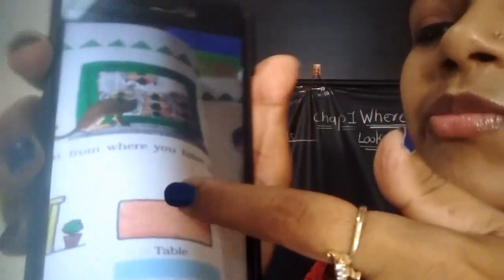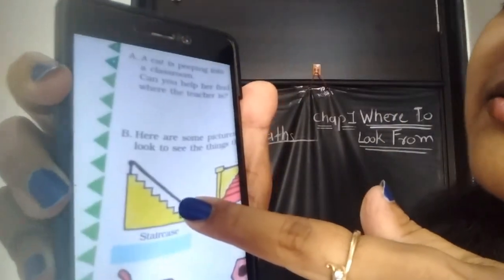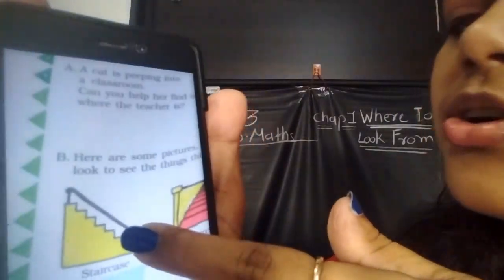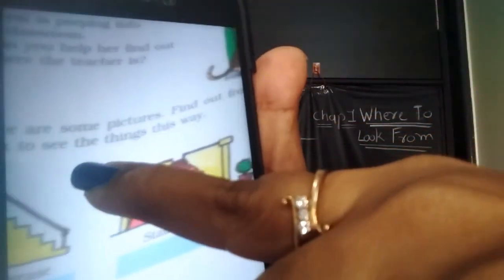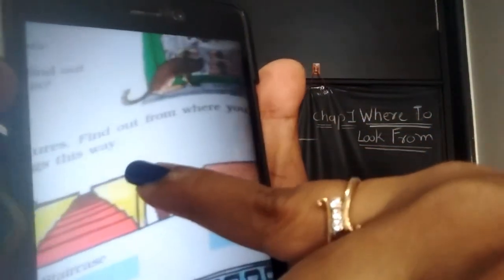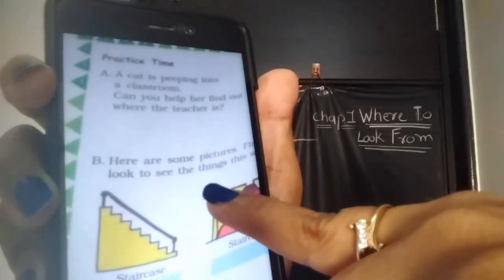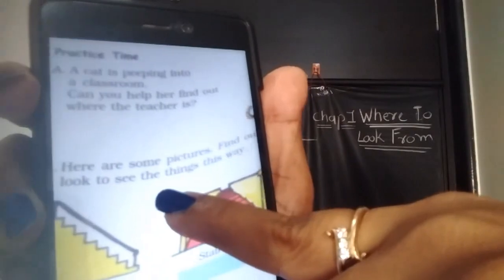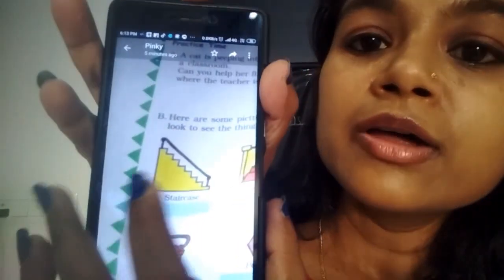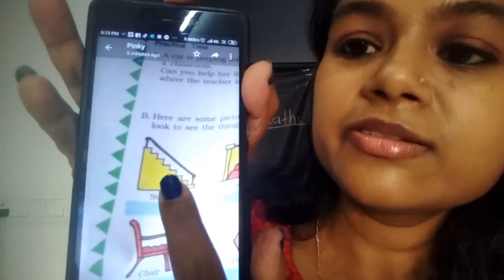Okay, the second exercise: here are some pictures. Find out from where you have to look to see the things this way. Look at this. This is a staircase.